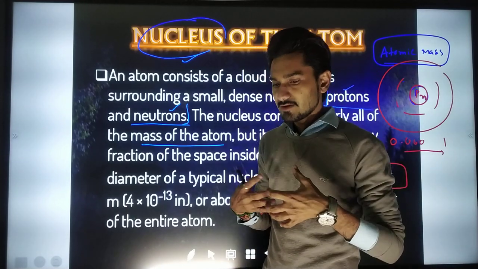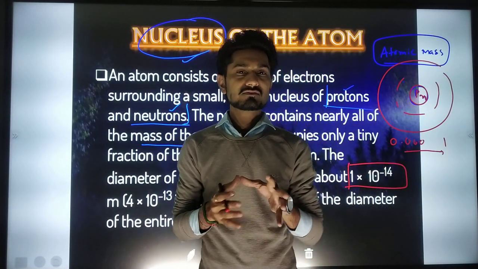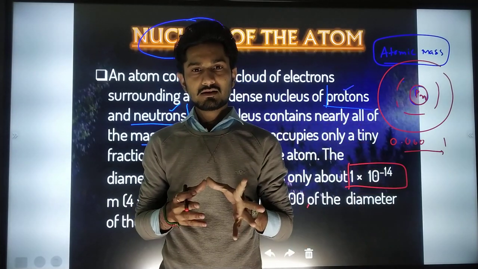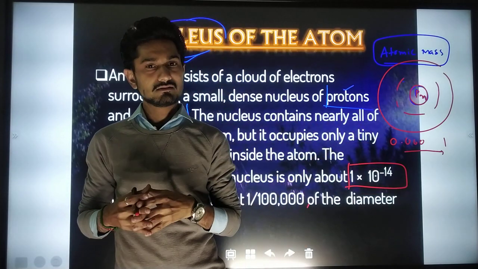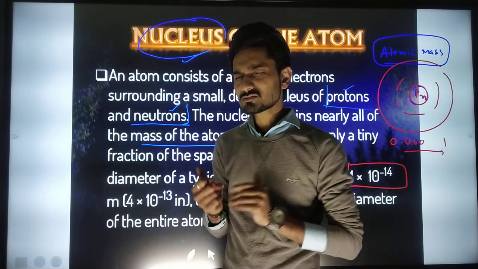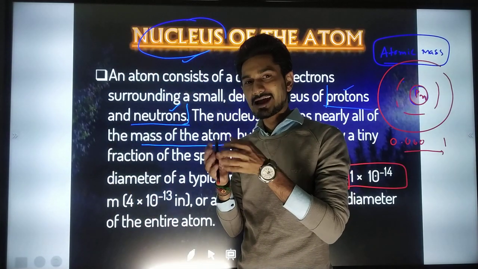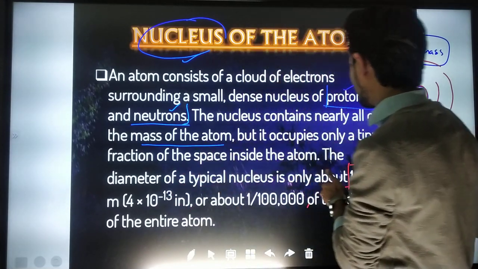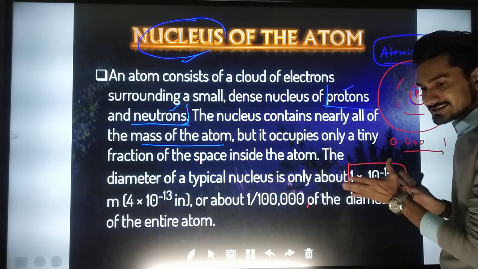If we want to see the nucleus, we'll have to use the electron microscope, and there we can see the nucleus of the atom, because we cannot see atoms with the naked eye. So it is very important that it is the smallest diameter.